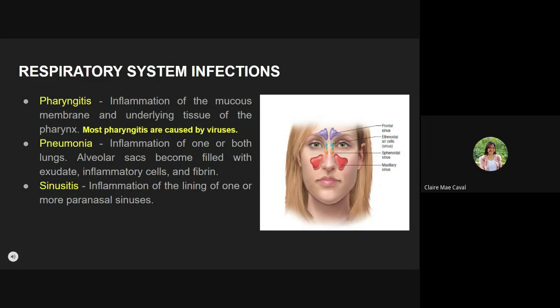Next is pneumonia. Pneumonia is an inflammation of one or both lungs. Alveolar sacs become filled with exudate, inflammatory cells, and fibrin.